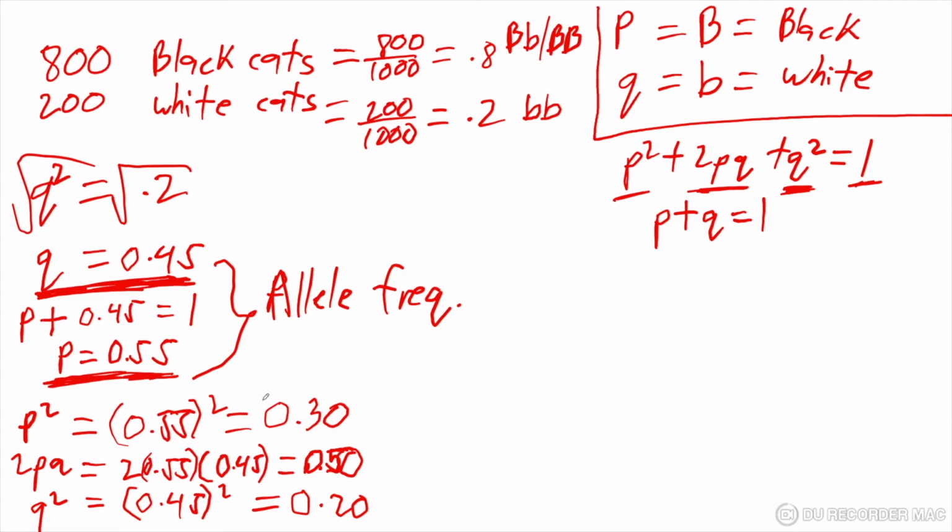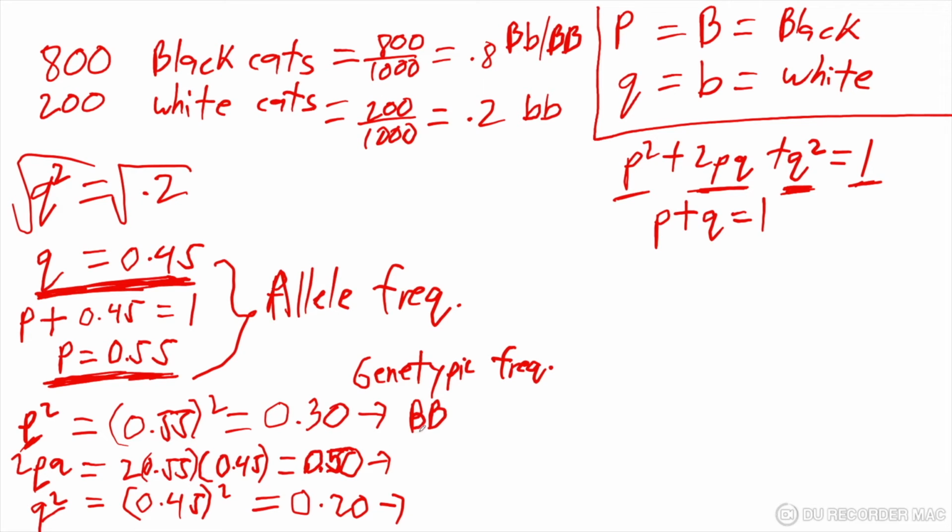So what are these values that we have seen here? These are your genotypic frequencies. So again, these values are your genotypic frequency. Since we have your P squared, that would be for your homozygous dominant organism.